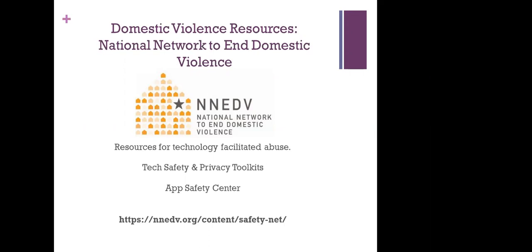They have explanations of different ways that technology is used, what it means, what it doesn't mean, and other referrals and resources. I couldn't suggest this one enough either. It's a great organization that has a lot of information. We rely on them for a lot of technical assistance, and they're super fantastic.